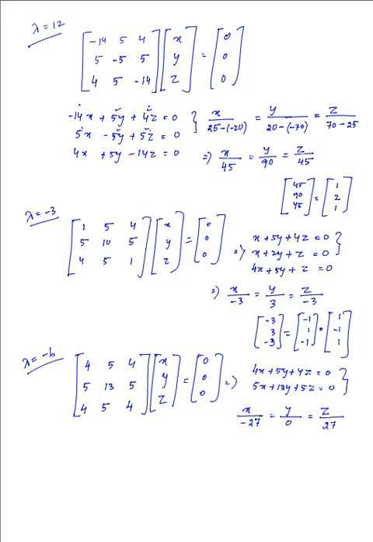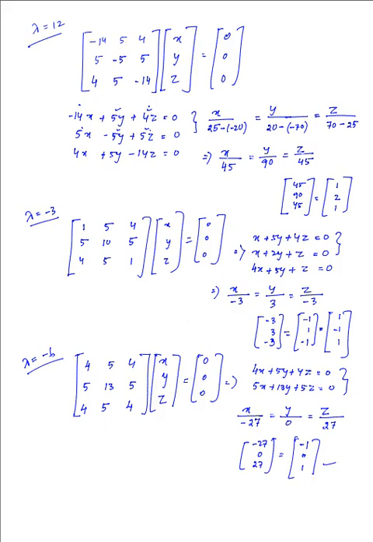So what we get from this is, no, actually we are getting this as positive. So now that's all right. So we have this as minus 27, 0, and 27. That gives us minus 1, 0, and 1.